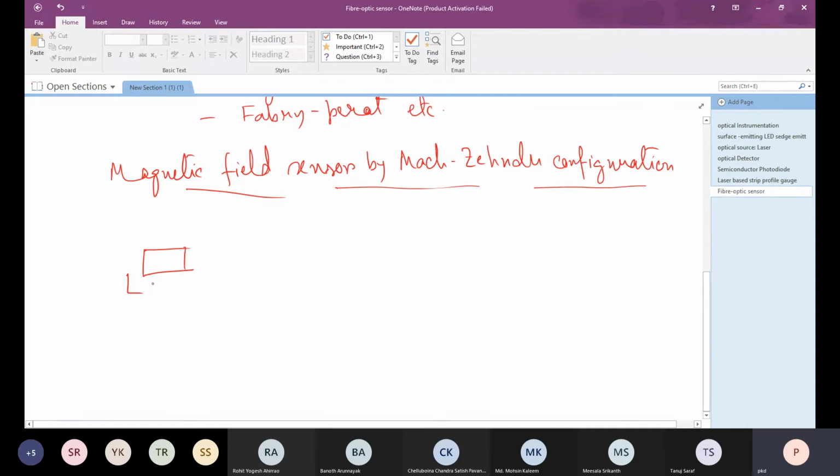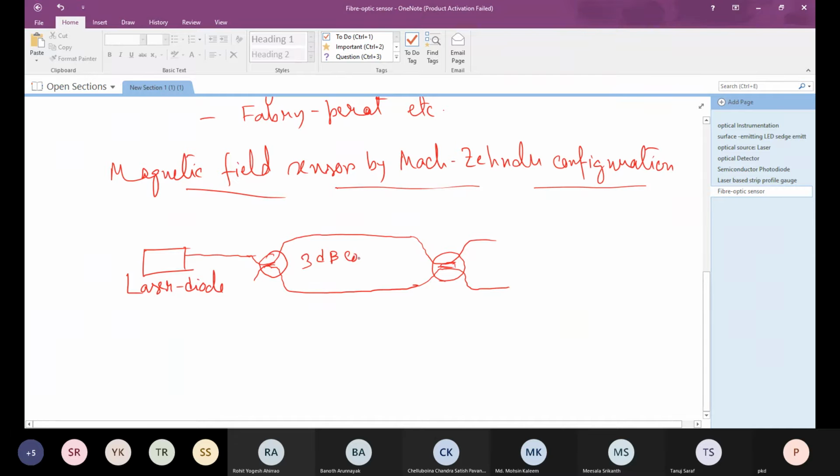We have a laser diode here, and these are the 3 dB couplers.